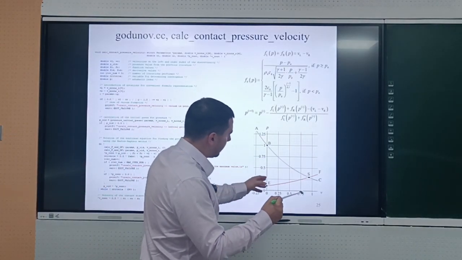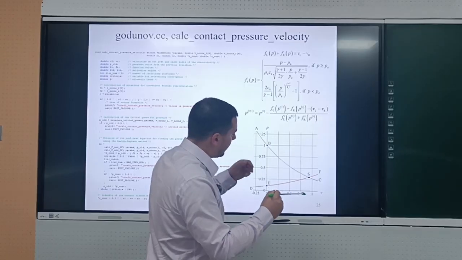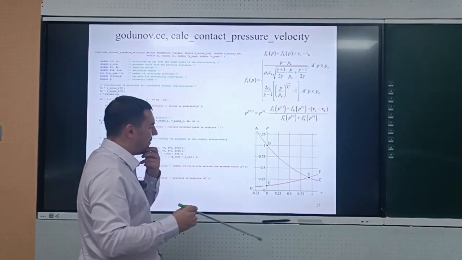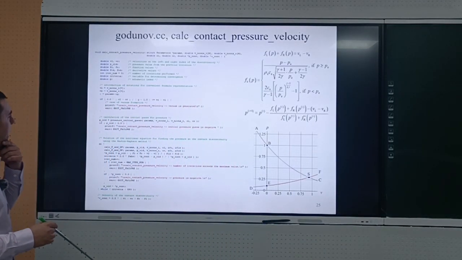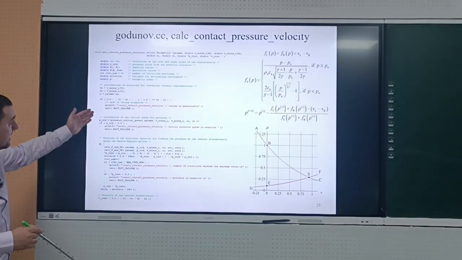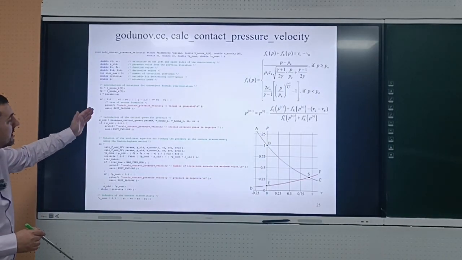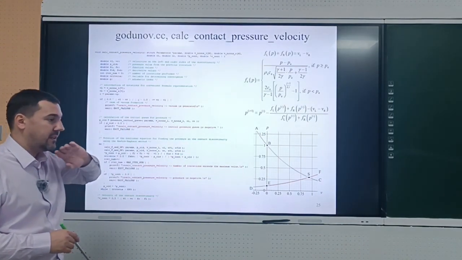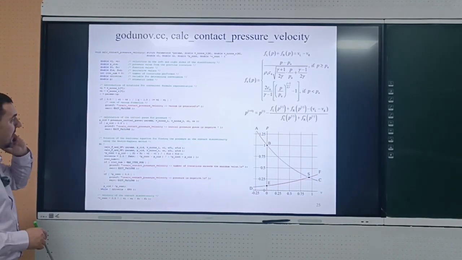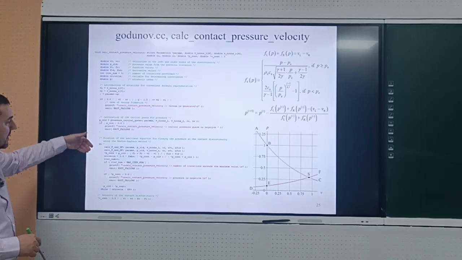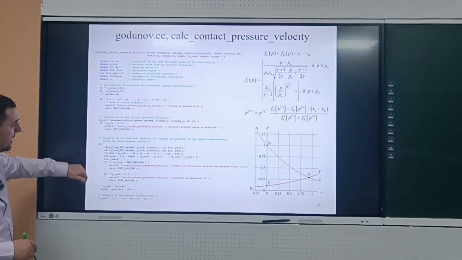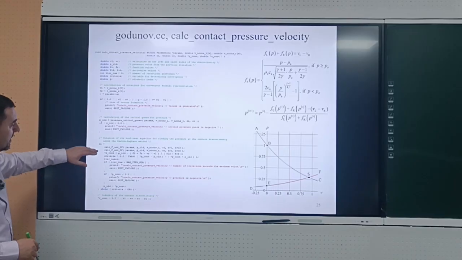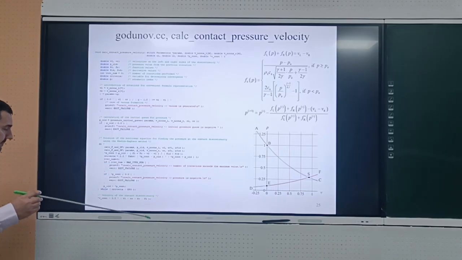These curves cannot have an intersection, at least for positive pressures. The next question: we need to choose the initial guess. It's very important because we are solving a nonlinear equation. After we have chosen the initial guess, we do these Newton iterations.